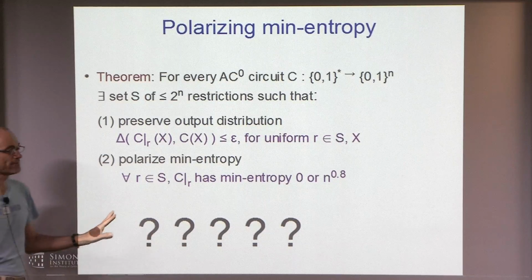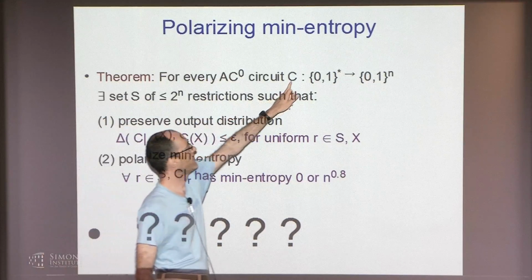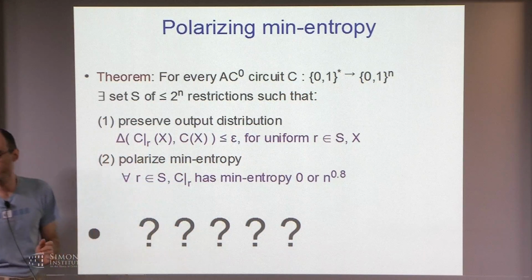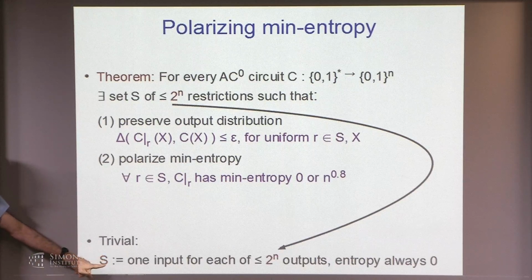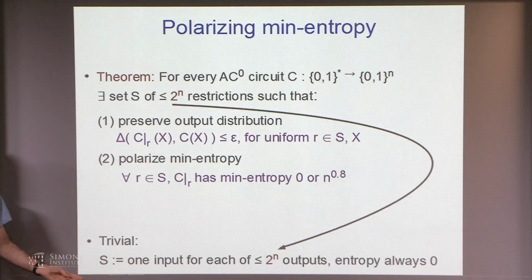So let's say for simplicity that the circuit has an output distribution which is uniform over half the points. What's strange with this? In this case, and also in many cases, this thing is trivial, right? I can just take S to be one input for every possible output of the circuit.